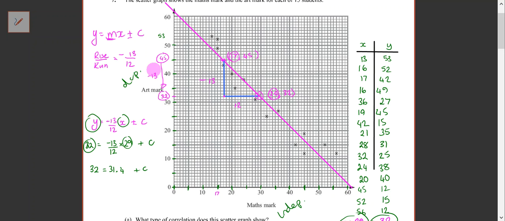Pick 2 points on the line, yeah? All right, so I picked these 2 points. Now, the slight problem I have is, what point did I pick? One of my points was the mean point. Why did I pick that? Because I know the coordinates, yeah? So I might as well choose that one.